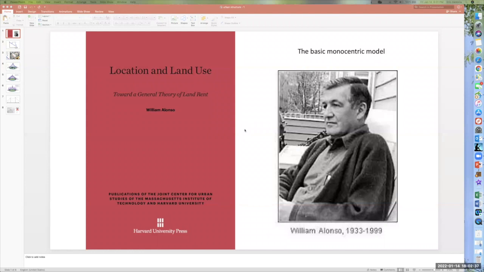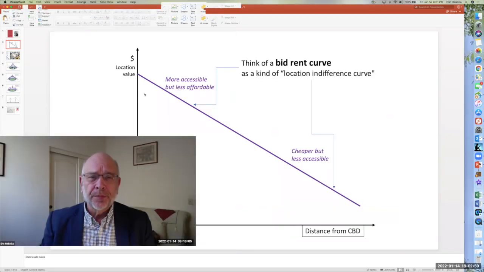His book, Location and Land Use, from the mid-1960s, really set the foundation for so much of urban economics subsequent to that. And the core of that book, the core idea, has to do with the bid-rent curve.